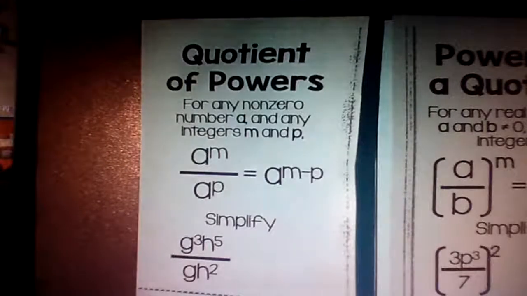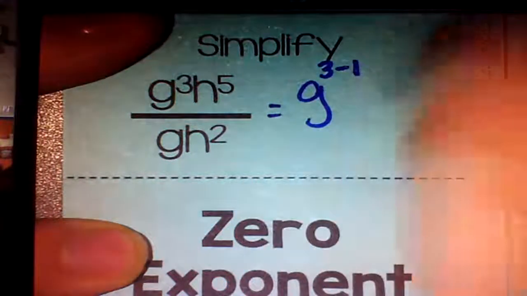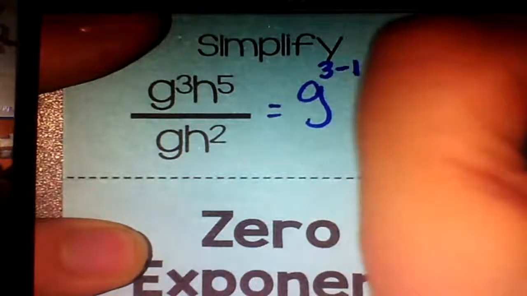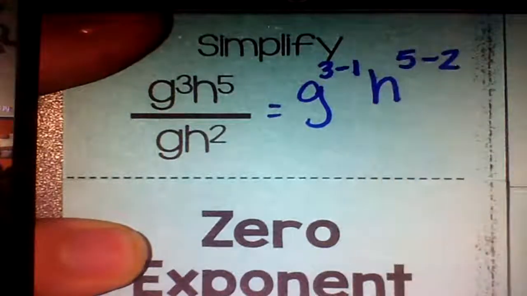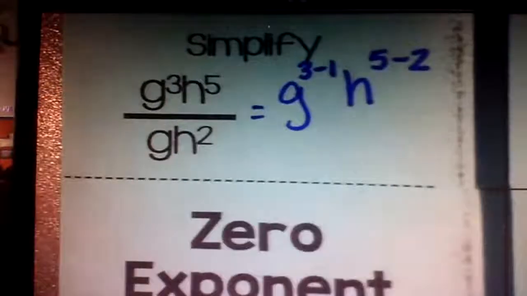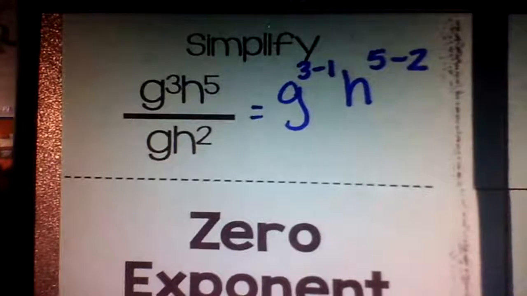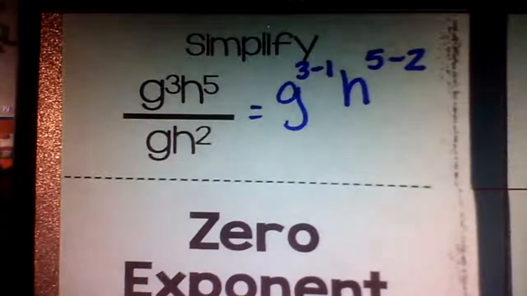Okay, so if you look at this example right here, g to the third, h to the fifth on top, g to the first, h to the second on the bottom. So this becomes g to the 3 minus 1 and h to the 5 minus 2. So I subtract my exponents this time. It's always the top exponent minus the bottom.